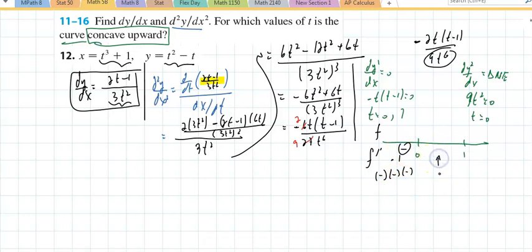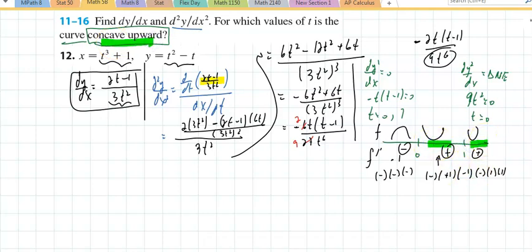A point between 0 and 1, say a half. Negative 2 times a half is negative, and 1 half minus 1 is negative. That will be a positive. And a point to the right of 1, negative 2 times a positive 1 times 1, that will be positive. So this will be concaving down, concaving up, and concaving up. And here they're only asking where the graph is concaving up.